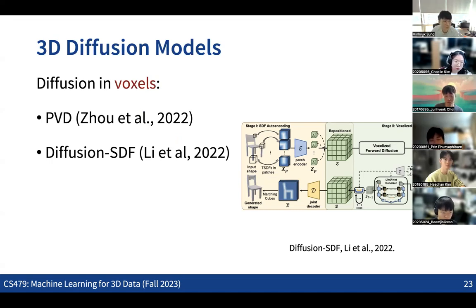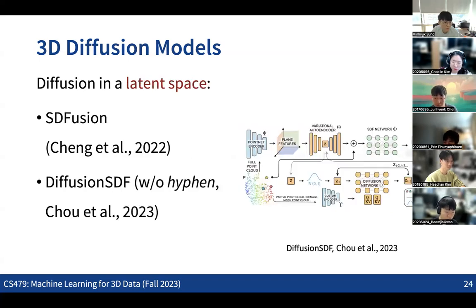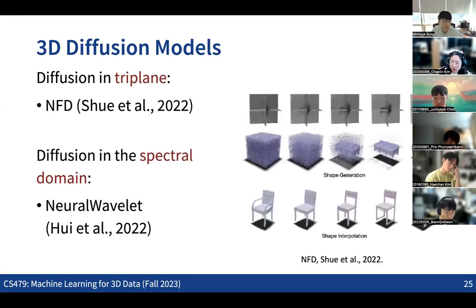Obviously, we can also consider diffusion models running over the latent space, so there are attempts to apply the exact same idea of latent diffusion models to the 3D case as well. There are also interesting ideas applying diffusion models to the triplane representation, basically the TensorRF representation, having 3D planes for the 3D space. And there are even diffusion models applying this idea in the spectral domain.